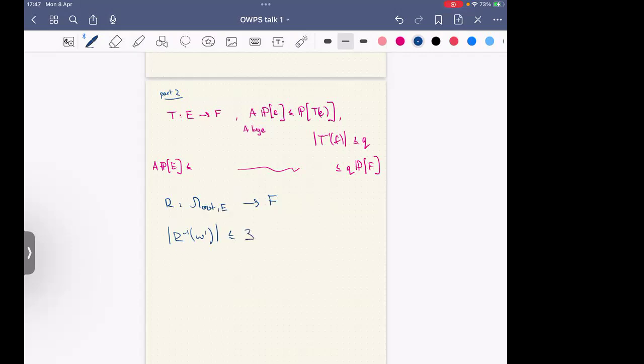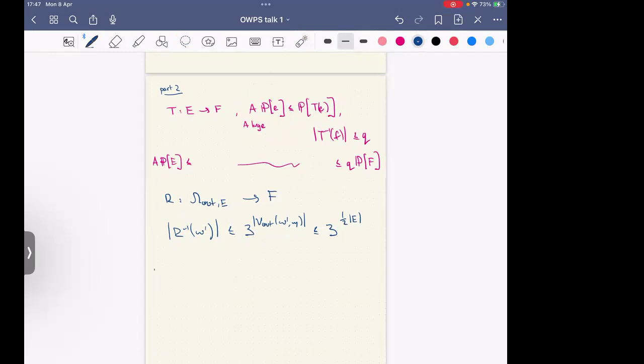So this is at most 3 to the size of V out, and this is at most 3 to the 1/2 E by the same bound we have. Okay, so that's this bit here, and we already did this bit, right? This is the probability of R of omega over probability of omega greater or equal to this thing we had before.